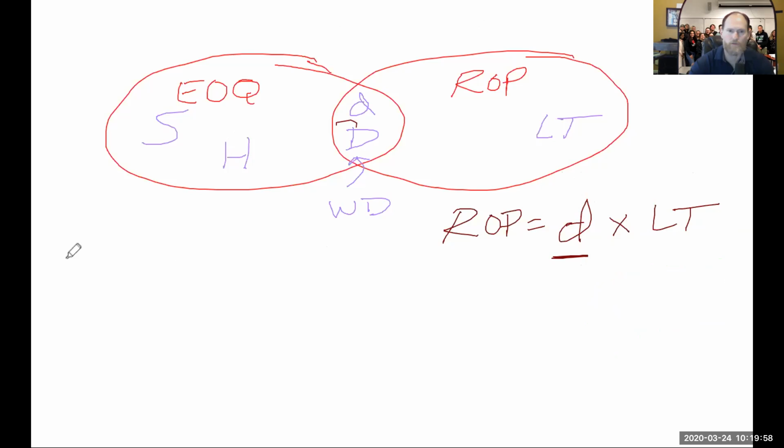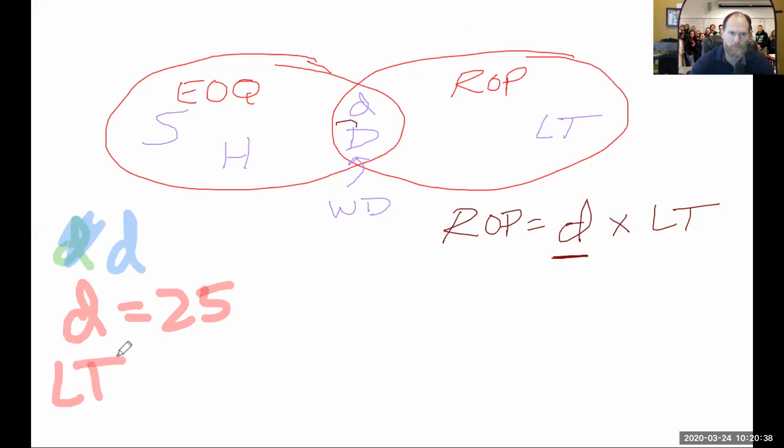Okay. So let's look at our example. In our example, we have, what do we have? With the swingers, we have demand at 25 bats per day and lead time.